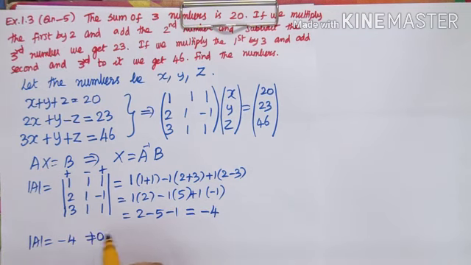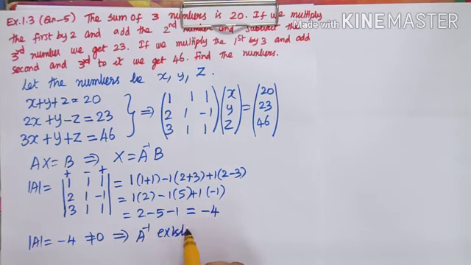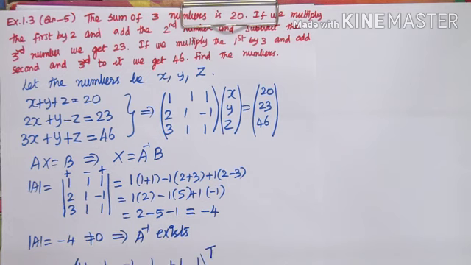That is not equal to 0, which tells me A inverse exists. The next step, find out adjoint of A. Adjoint of A, we put the big matrix symbol, the whole transpose. Remember to write it plus, minus, plus. Second row, minus, plus, minus. Third row, plus, minus, plus. Try to fill the determinants yourself.